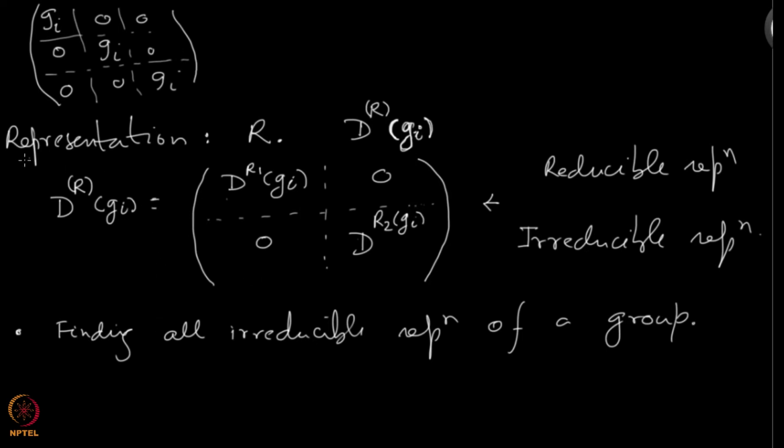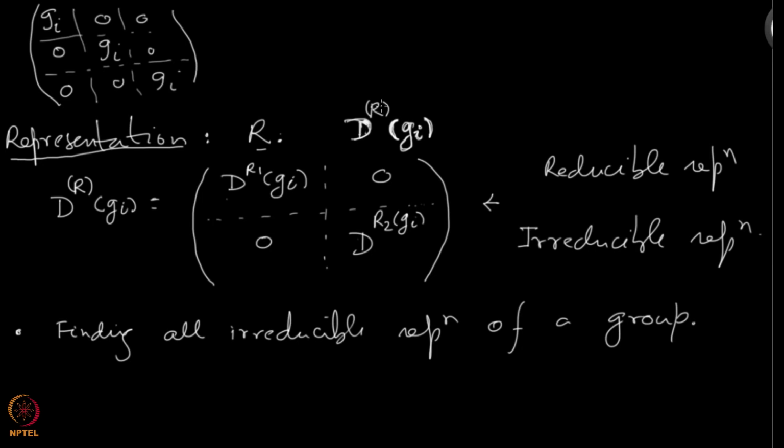So, in general, we say a representation R for SU2 or any group. R is the symbol we use for specifying the representation. If you look at an element Gi of a given group in representation R, then it corresponds to the matrices represented by this.